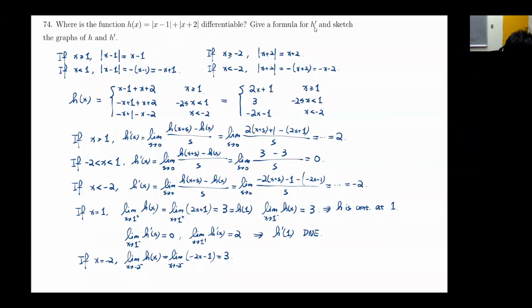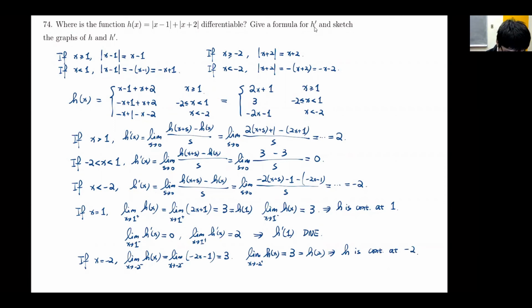On the other hand, the limit as x approaches -2 from the right of h of x, because in this case h of x is constantly 3, is going to equal 3, and moreover, it equals the function value at the number -2. So this way we check that h is continuous at -2.